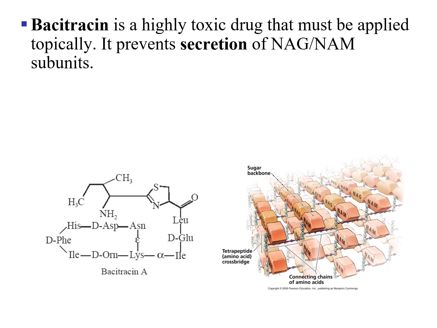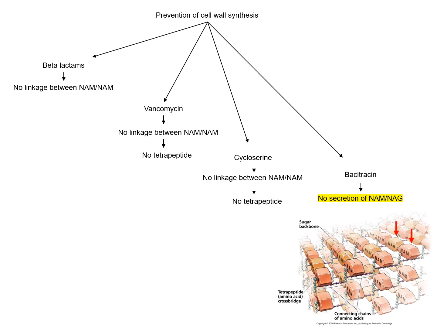So the other ones, you secreted, but you were not able to insert the layers to layers. This drug will not even allow you to secrete it. So that is all of the categories that inhibit the wall. The last one, bacitracin, no secretion of NAG and NAM.